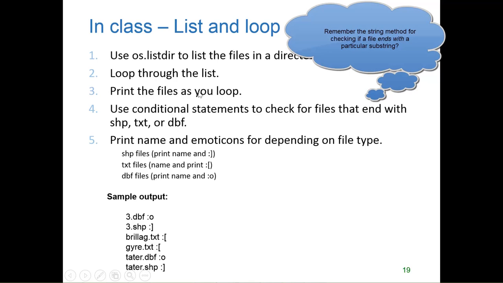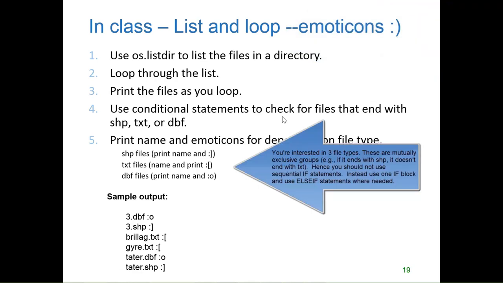Note that this requires some old things that you learned. Remember the string function that you can use to check if it ends with a particular string? That function returns true or false. So it can be used in a conditional statement because it is a Boolean.